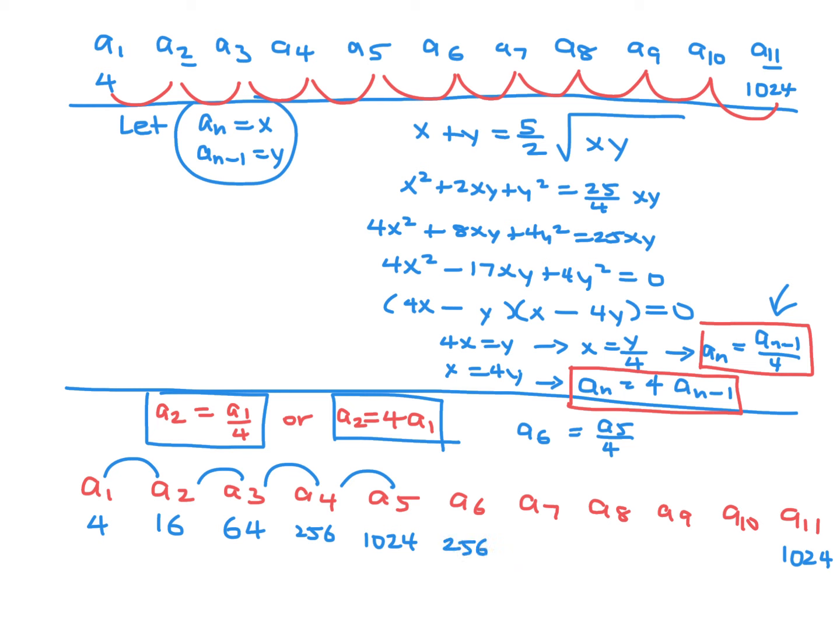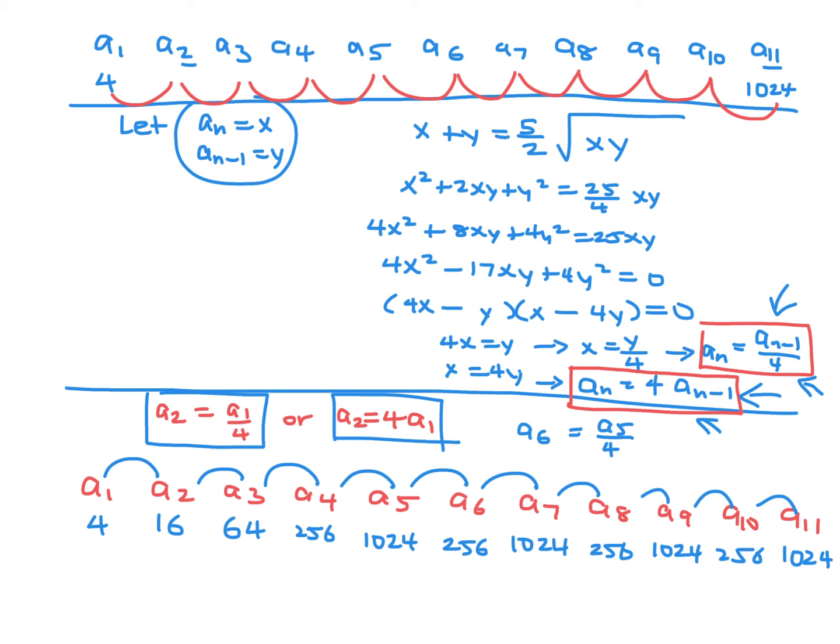Then we can flip-flop between this rule and that rule. We can make it 4x, which would make it 1024, then divide by 4, 256, then 1024, then 256, and then finally we do get to 1024. That's a perfect example of just one such way.